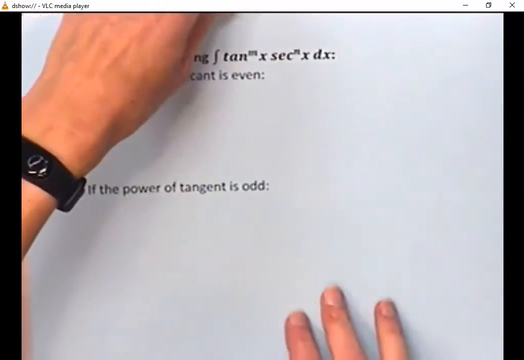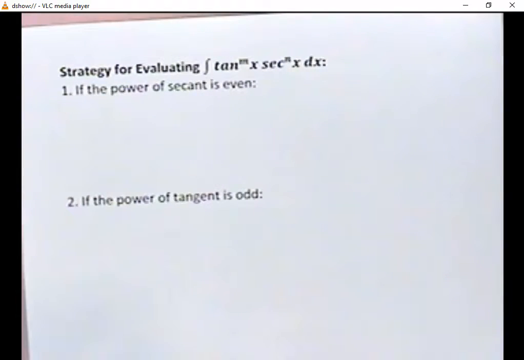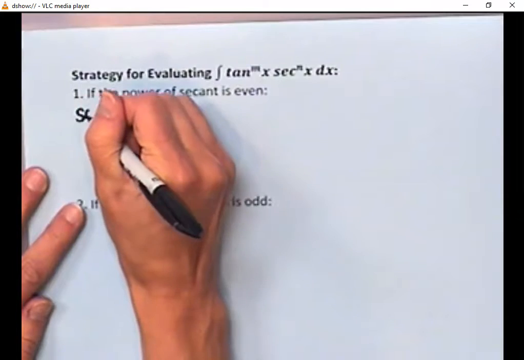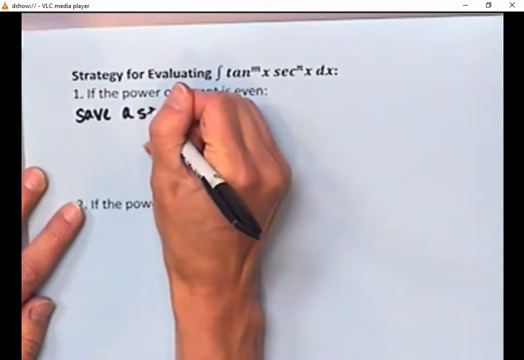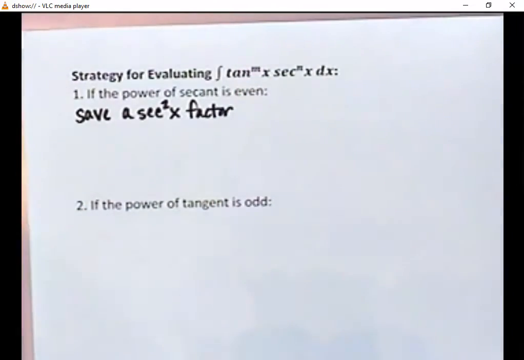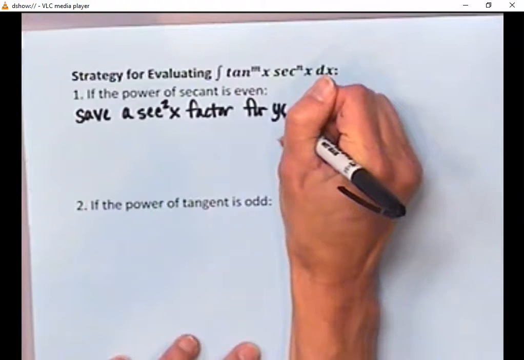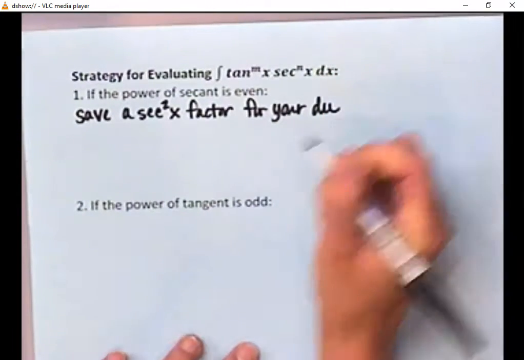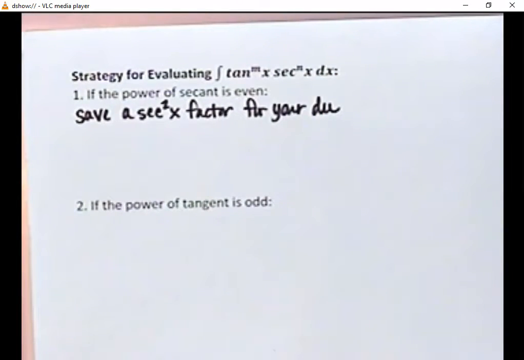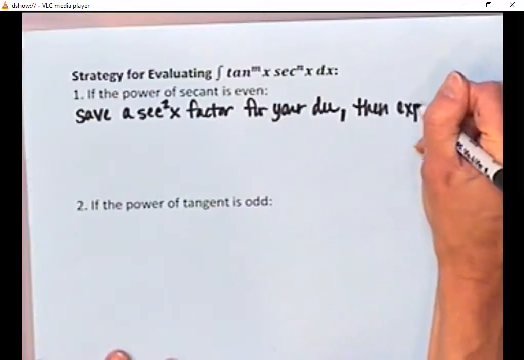So let me summarize that here. Strategy for those: if the power of secant is even, that's usually when we're going to save a secant squared x factor for your du, and then express everything else in terms of tangent.